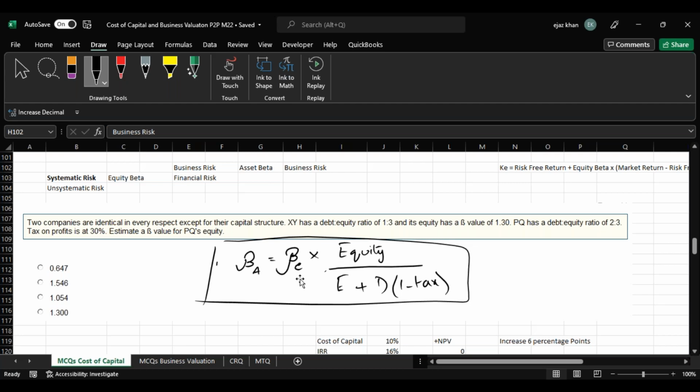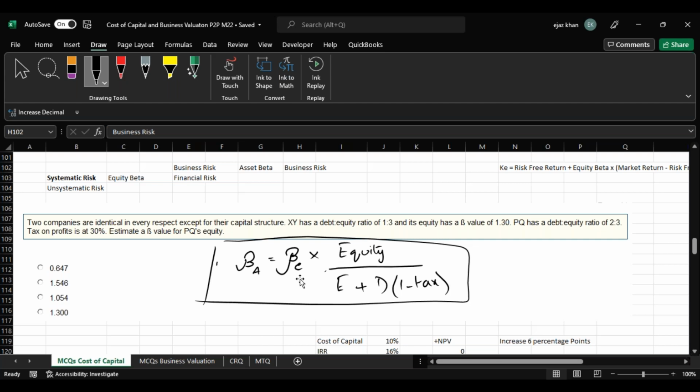They will have different levels of financial risk, because a highly geared company will have a high level of financial risk, and a company that has a lower level of debts will have a lower level of financial risk. Since equity beta shows both types of risks, the equity beta of one company will be different from the equity beta of another company if they have different gearing levels.